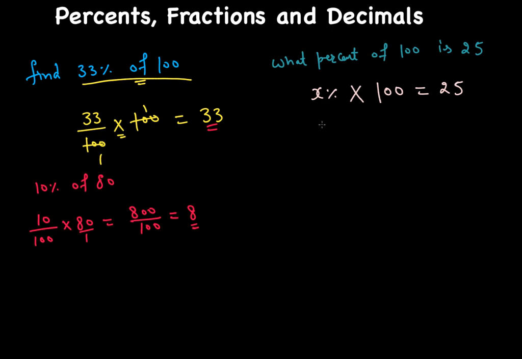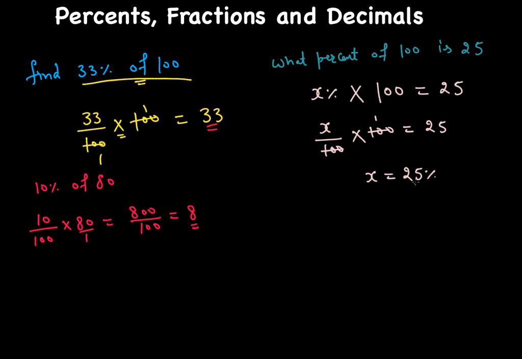Now x percent means x out of 100, multiplied by 100 is equal to 25. So 100 times 1 is 100, and we solve it: x multiplied by 1 is x, which is equal to 25.